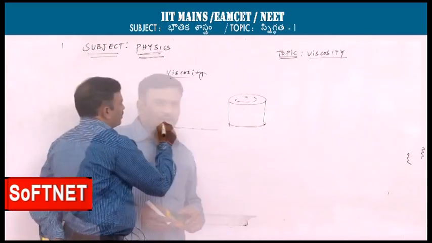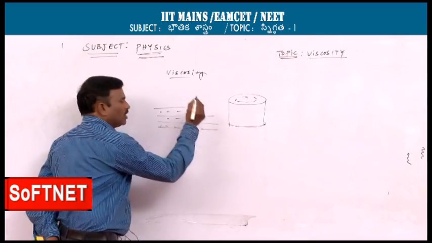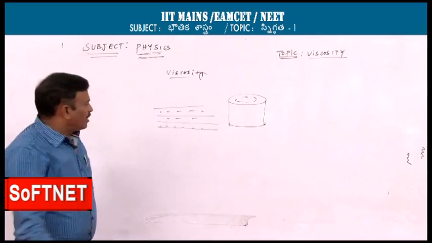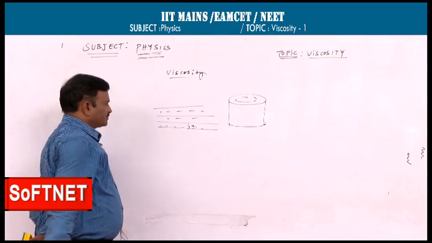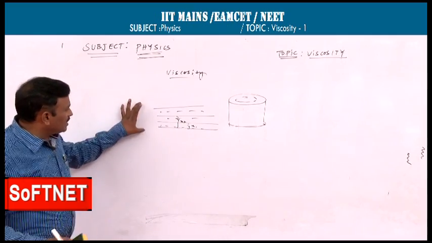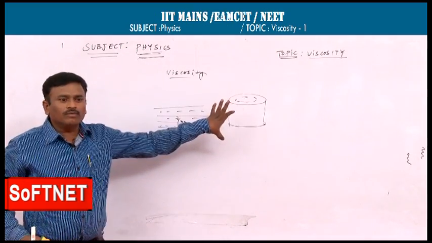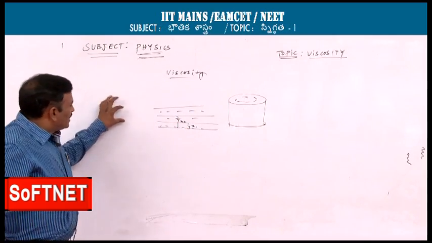Here, assume the first layer, second layer, third layer of the water flow. As a flow, let us take it is at x1 distance, and it is at x2 distance. It is an example I am taking, a water flow in a river.